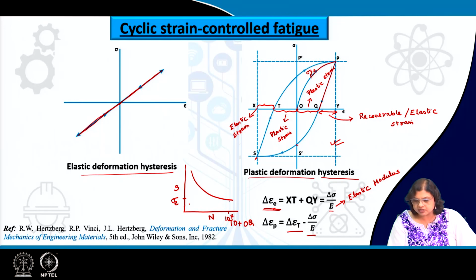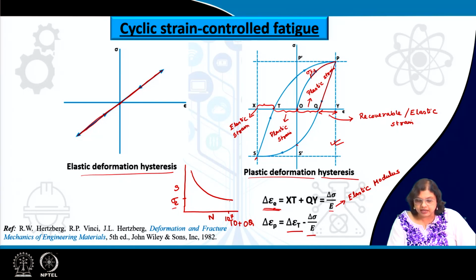We have also seen that this fatigue strength is less than the yield strength of the material, so it is within the elastic strain range, fine. But that does not mean that at every point of this SN curve we applied only the elastic strain.